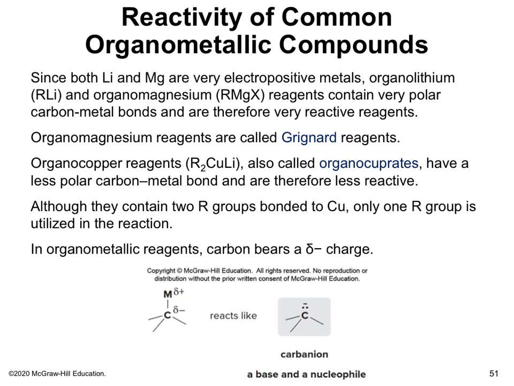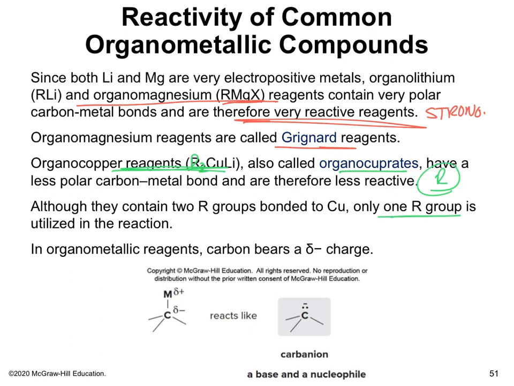And so the organolithium and the organomagnesium are very reactive, so they're very strong nucleophiles. And these are also called Grignard if they're magnesium. The organocuprate is R2, just because that's the way copper is, but you're only going to deliver 1 R group. That's what they're saying here in the reaction.